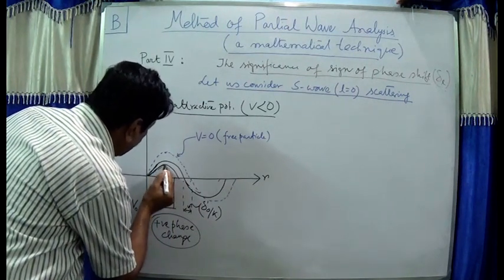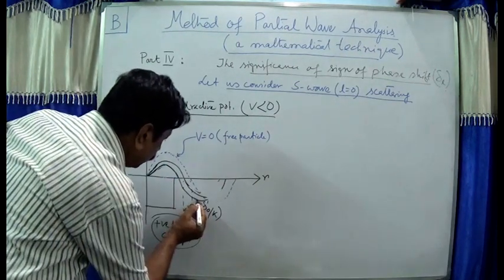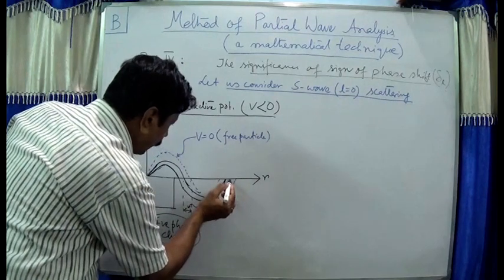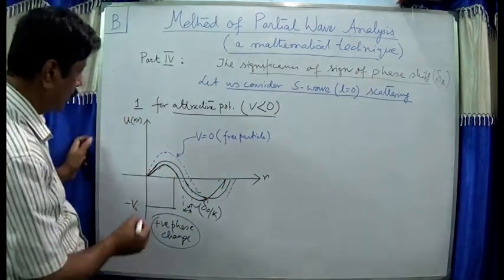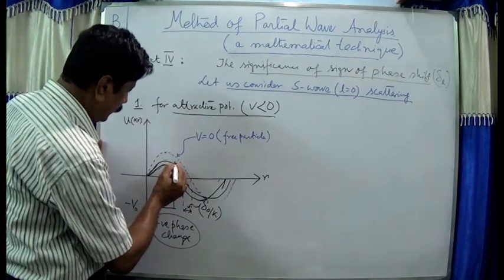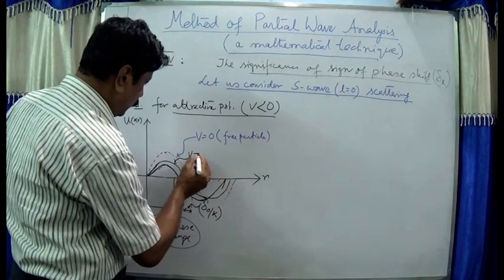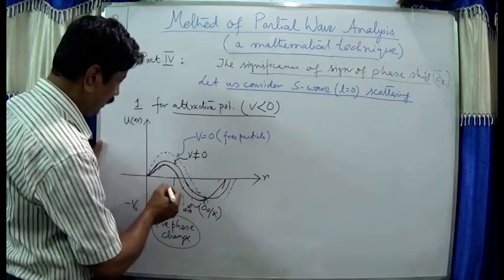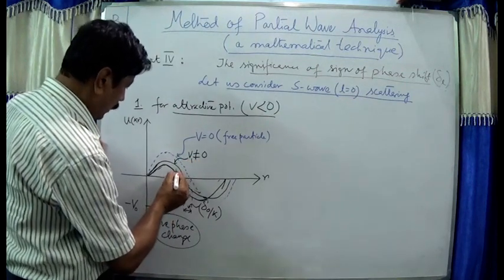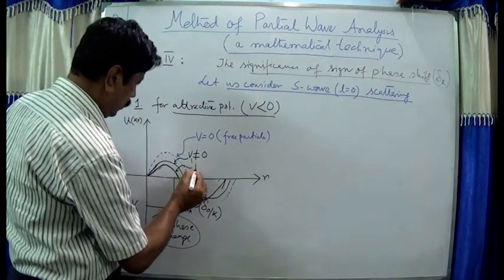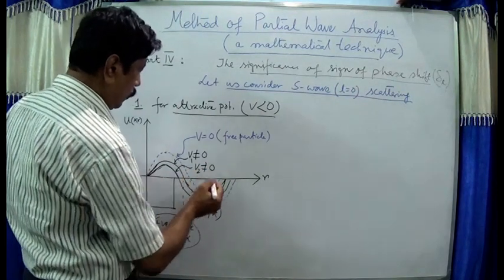That means the change of phase is more compared to the previous case. So this is your case where V is not equal to 0. So it is V1. This is also a case. So it is a value V2 which is not equal to 0.